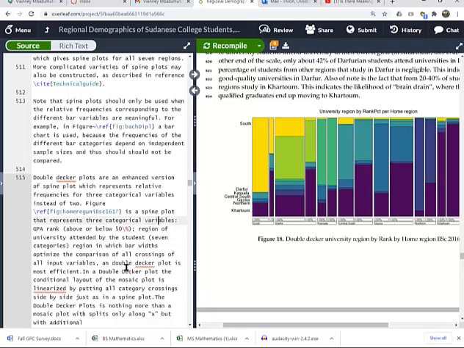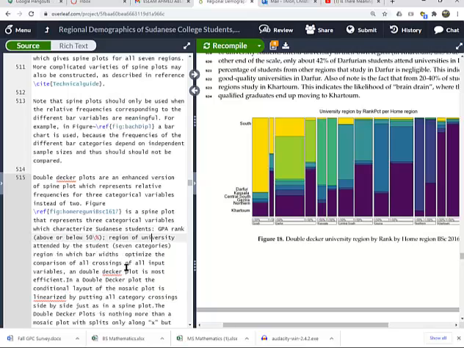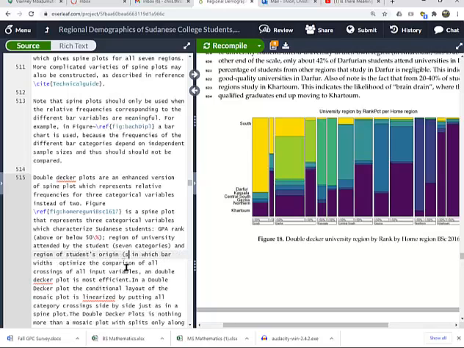We can see 7 categories. These are 3 categorical variables that characterize Sudanese students, and then the region of students' origin. There's 7 categories.